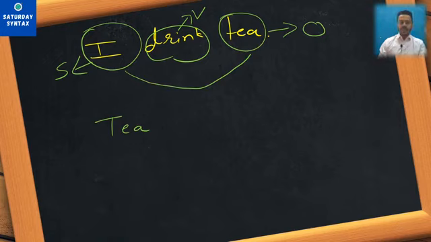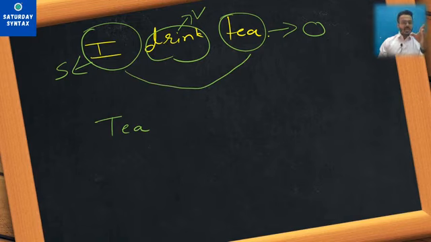Point number 3: don't forget to add the preposition by, that we will add later. Number 4: yes, we have to use the past participle, the third form of the verb, that is compulsory, and we will do that. And point number 5: don't forget to put the auxiliary or helping verb.